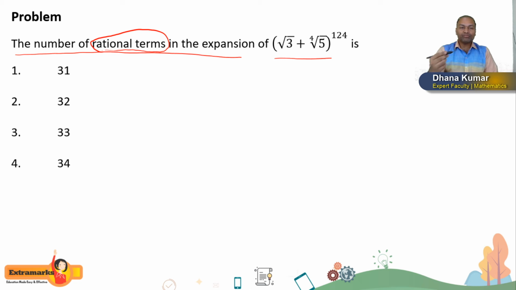For number of rational terms questions, you have to use the general term formula. Clear? Now I am writing the general term formula.